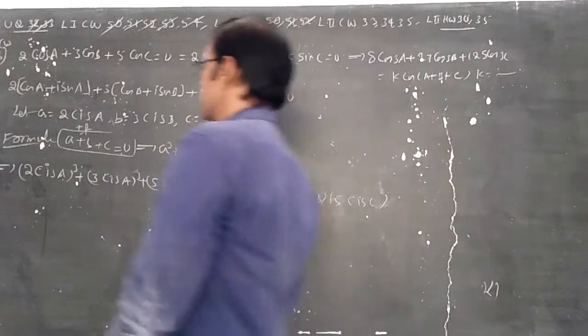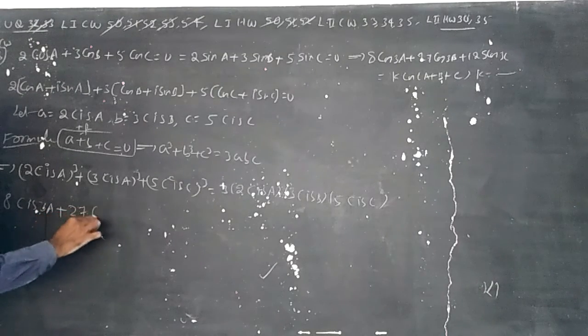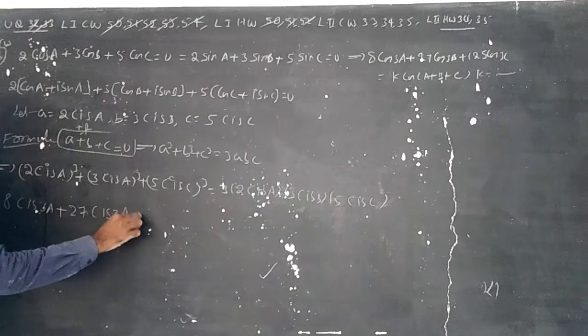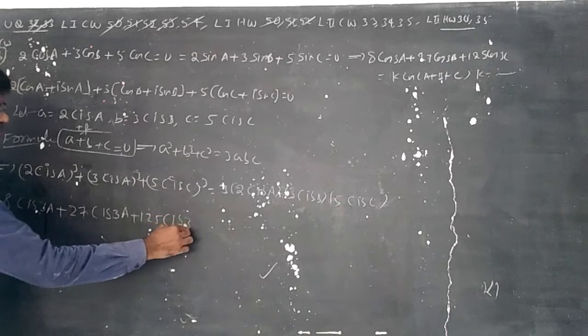That implies, now you can write 2 cube meaning 8, cis A whole cube can be written as cis 3A, plus this is 27 cis 3B, plus this is 125 cis 3C.